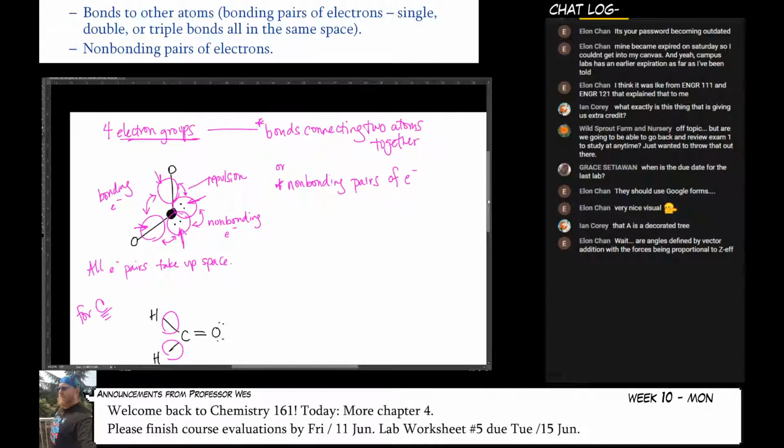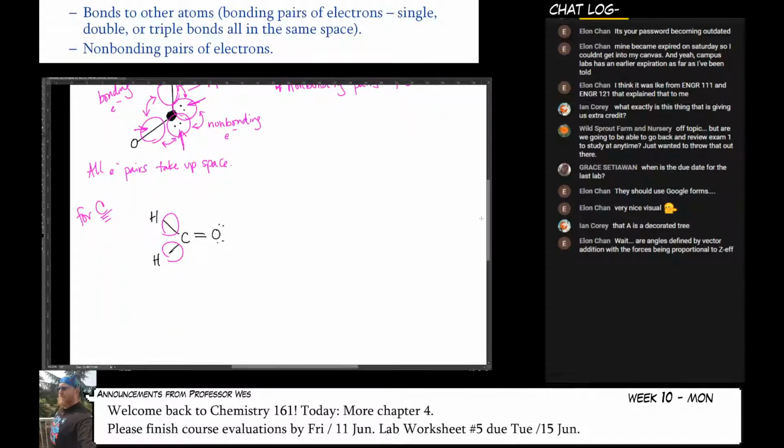You'll notice up here that I said bonds, plural. So if there are any number of bonds connecting two atoms together, we're going to count that as in the same place, and so I'm going to circle it as the same group of electrons. So there would be 3 electron groups around the central atom.